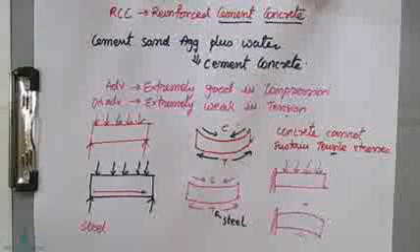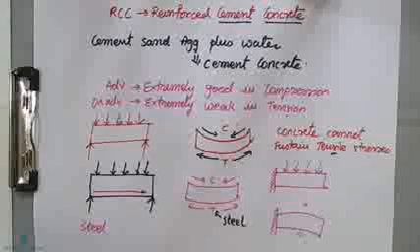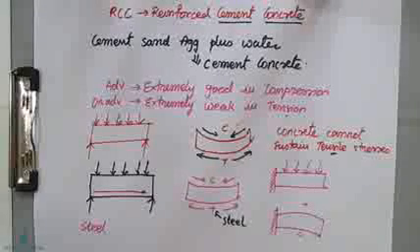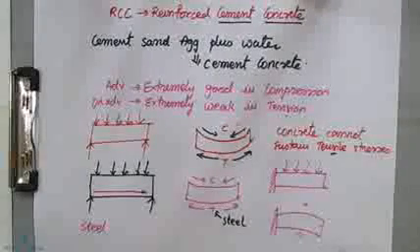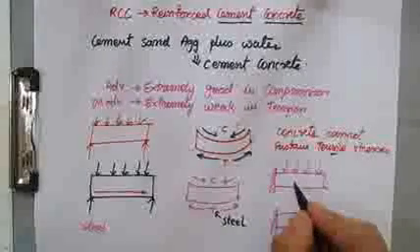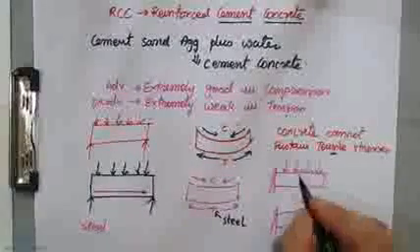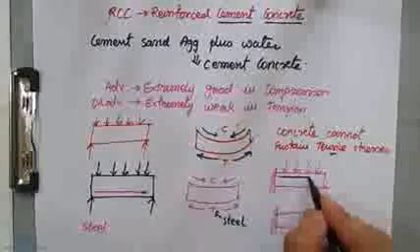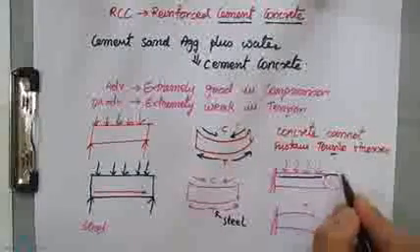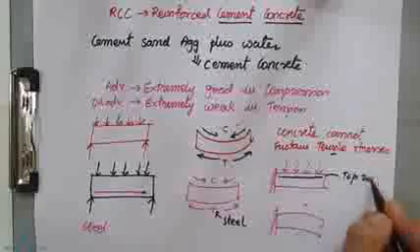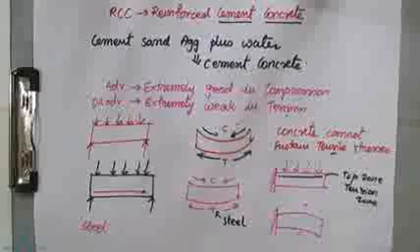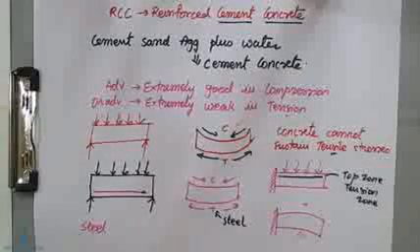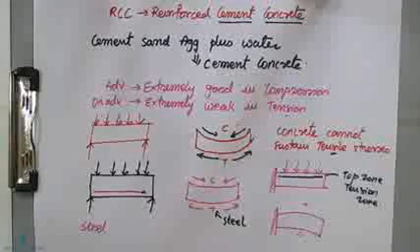If you provide the steel in the bottom zone, it will be a complete structural disaster. You have to reinforce the steel in the tension zone, and in the cantilever case the tension zone is in the top fiber. So you have to place the steel at the top zone, or tension zone, right? So always take care that the steel is placed at the tension zone.